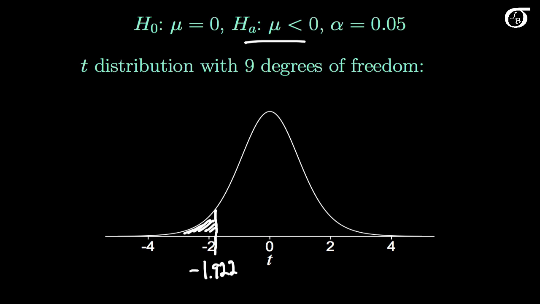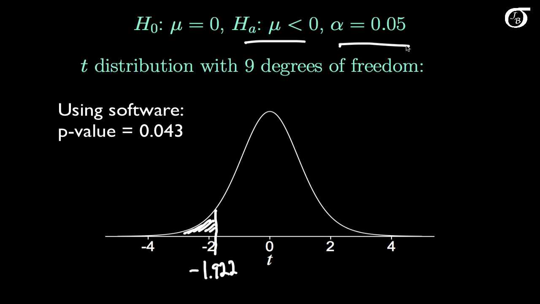If we use software, we can find that the p-value is, to 3 decimal places, 0.043. The p-value is fairly small and less than this given significance level of 0.05. And this means we have significant evidence against the null hypothesis at the 5% significance level. There is significant evidence that the population mean is in fact less than 0.